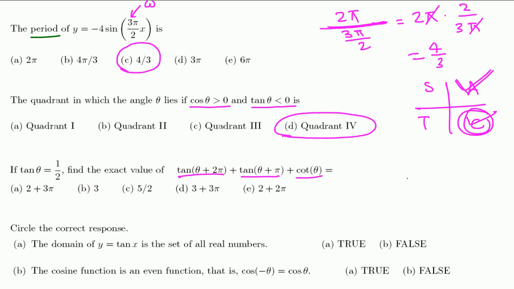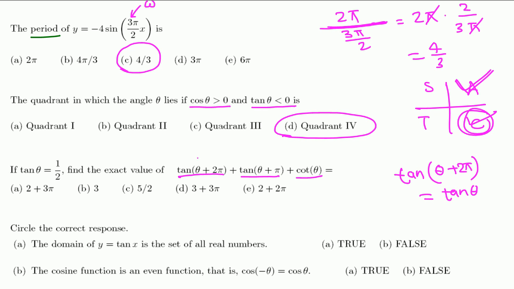When we add pi to any angle theta, that will be the same as tangent theta. Or if we have tangent plus another pi, maybe 2 pi, same thing, 3 pi, same thing, 4 pi, same thing. So tangent of theta plus 2 pi is the same as tangent theta, so 1/2.